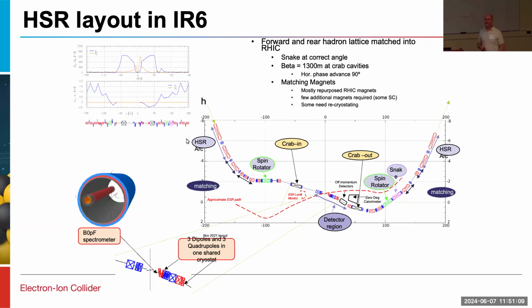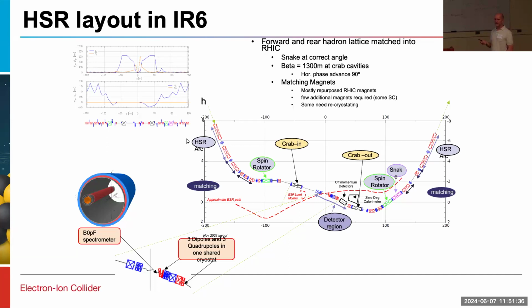What are the Siberian snakes that you mentioned? Okay. So the simplest version of a Siberian snake is a solenoid, right? Your spin enters vertically, and you set your solenoid strength, your integrated strength, such that it gets rotated by 180 degrees.